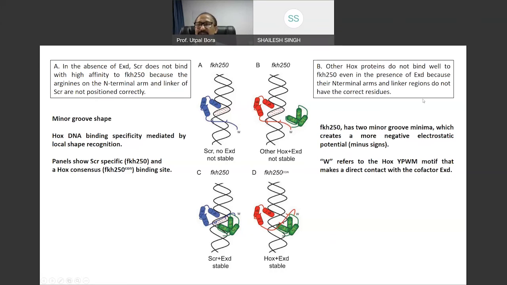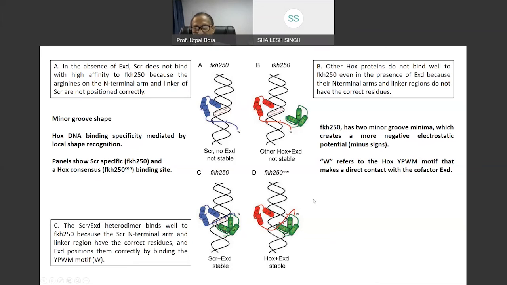Now, under condition B, in the case of other Hox proteins, here also they do not bind well to FKH 250 even in the presence of EXD because their N-terminal arms and linker regions do not have the correct residues. Okay. So here also binding is not taking place properly. Now, on the situation C, what is happening in C?